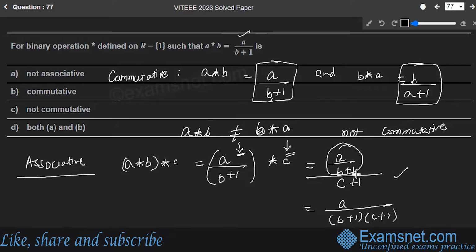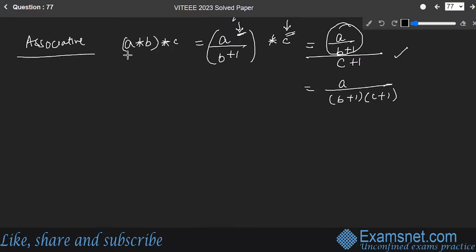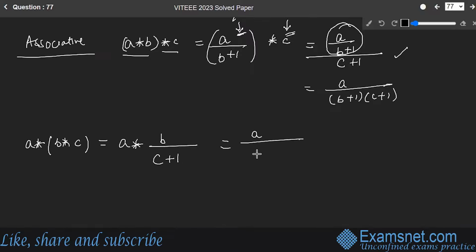Now, a asterisk (b asterisk c) can be written as a asterisk of b upon c plus 1. So now this will become a upon this, into b upon this. So that is equal to a upon b upon (c plus 1), plus 1, which is equal to a (c plus 1) upon (b plus c plus 1).